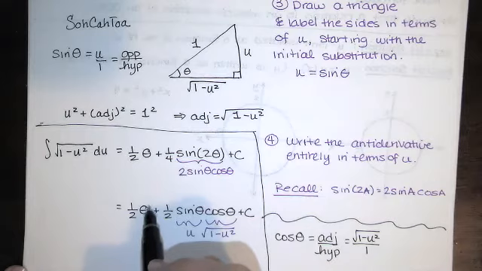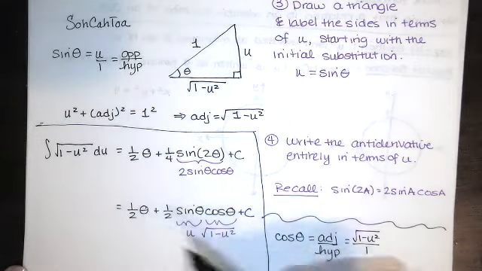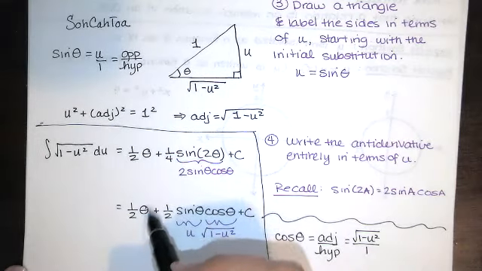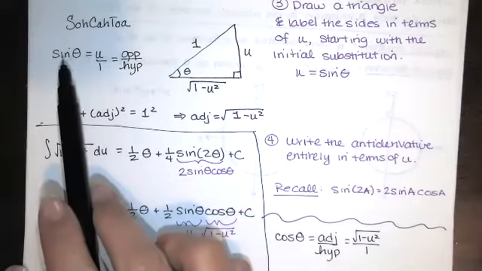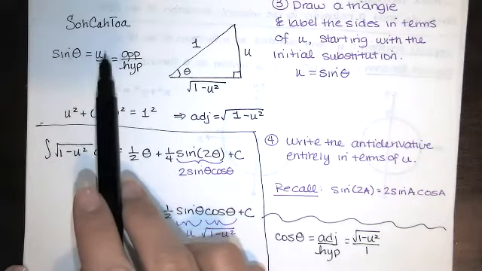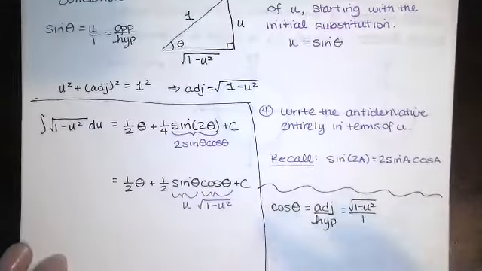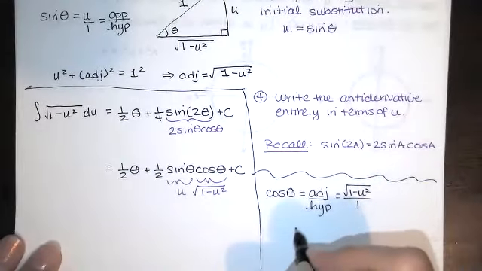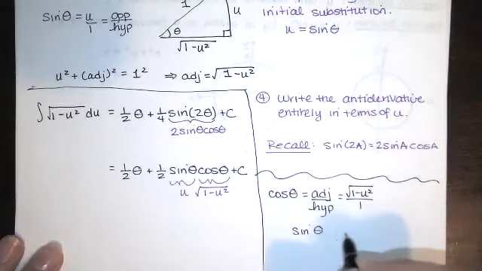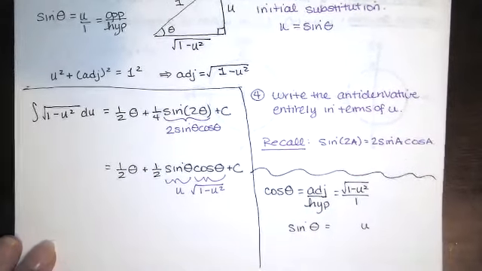And we're good there. And then a lot of students say, okay, but what am I supposed to do with that theta? It's actually not too bad at all. You've got sine of theta equals u. So you're just going to take that equation and solve it for theta. And if you're wondering, how do I do that?